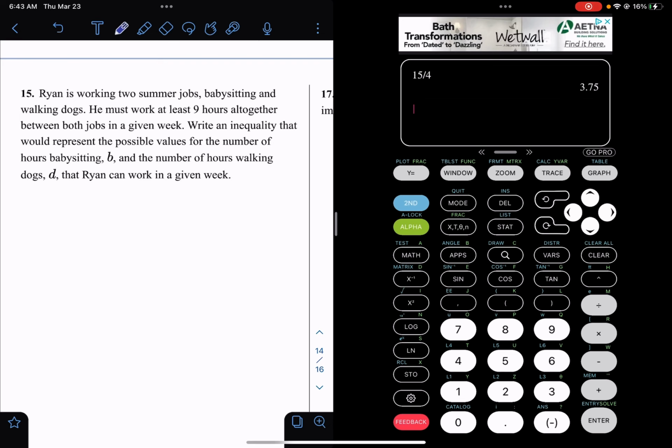So the number of hours that he can work babysitting plus the number of hours that he can walk dogs. And it says that he must work at least 9 hours. So his total is going to have to be greater than or equal to 9, because we want his total number of hours to be greater than or equal to 9.